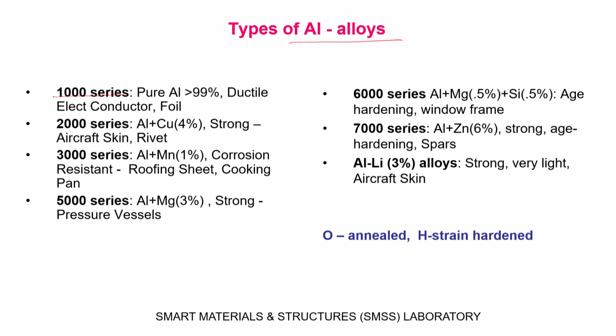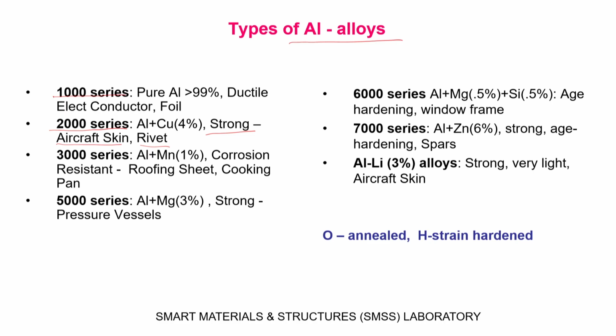They are ductile and generally used as electricity conductors or as foils, the aluminum foil that we utilize. On the other hand, the 2000 series aluminum, which has a percentage of copper mixed with it, is strong, much stronger than pure aluminum, and it is used in aircraft skin, rivets, etc.